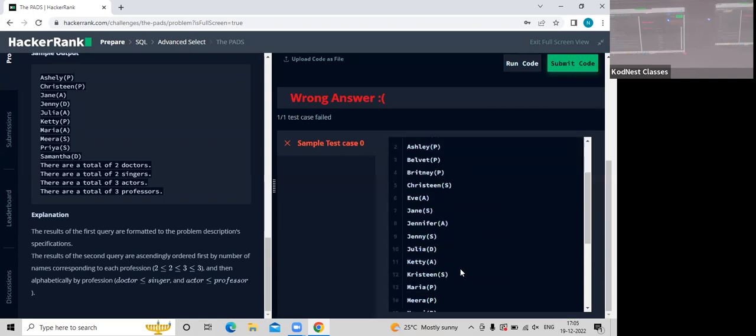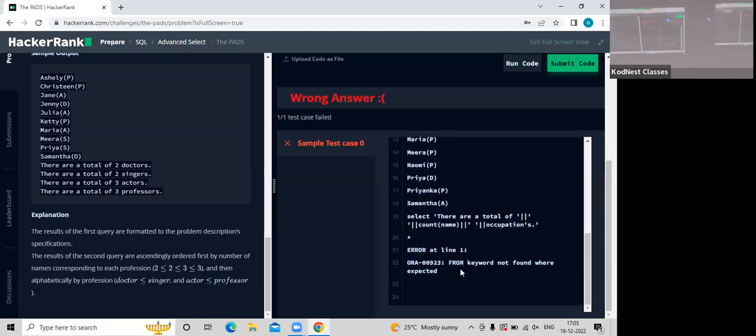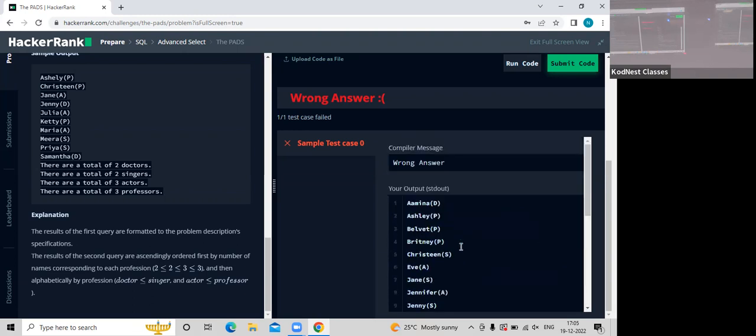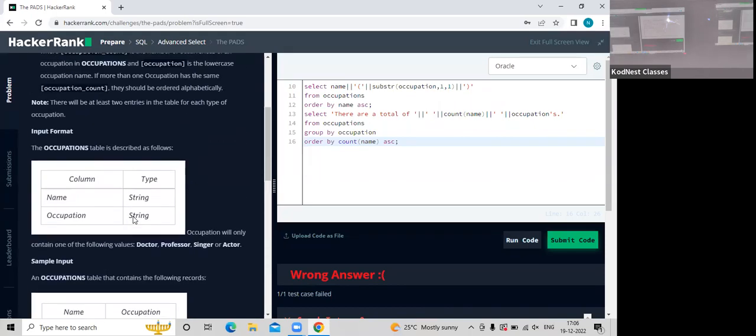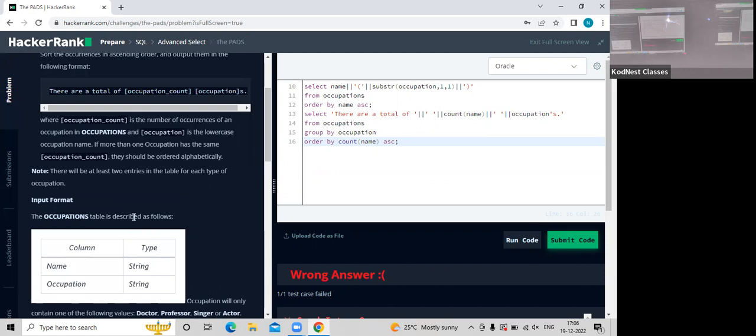Okay, there are a few things wrong. What is the error? Have I written wrong in the table name? Kindly see here. Occupations, okay.